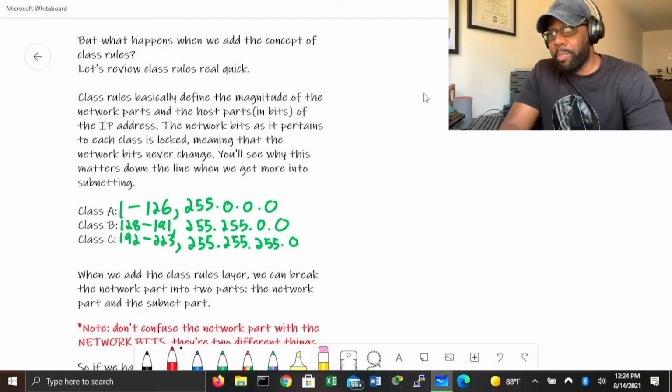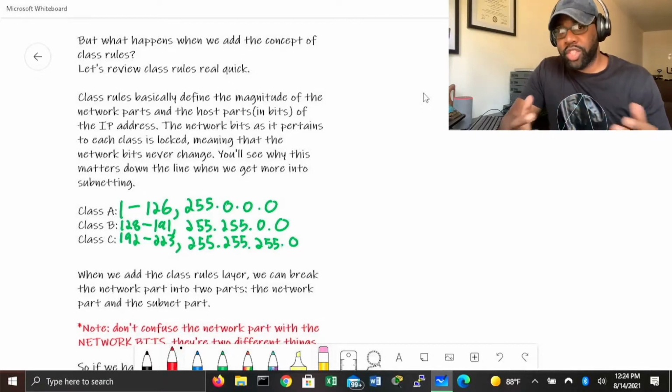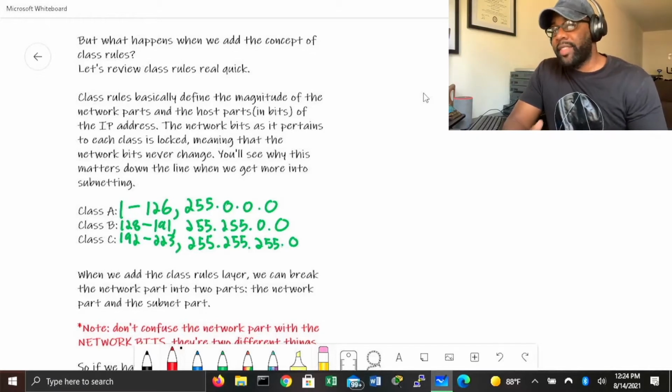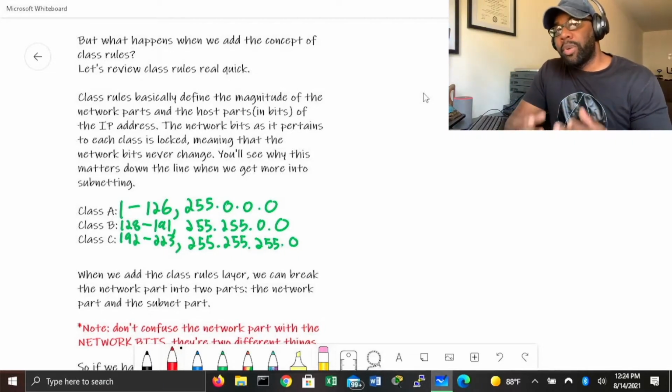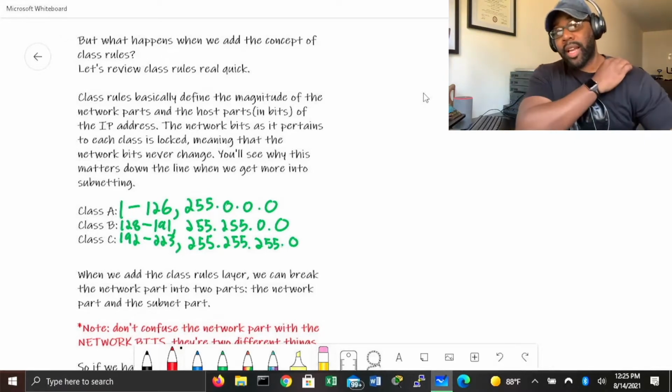And the network bits as it pertains to each class is locked. That means that they don't change for any reason at all whatsoever. We'll see that this starts to matter more and more down the line when it comes to subnetting and setting up our subnets. But for now, we're just going to stick to simple examples that illustrate the influence of class rules.